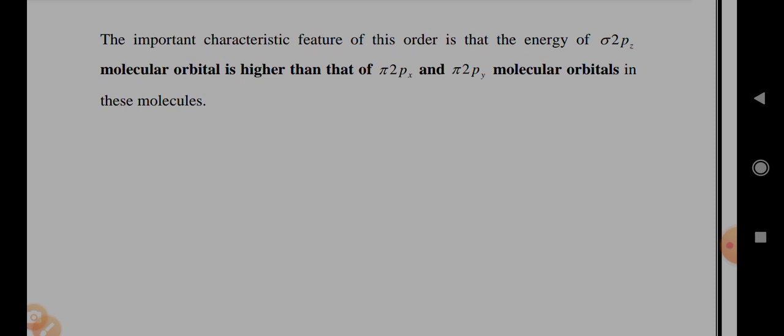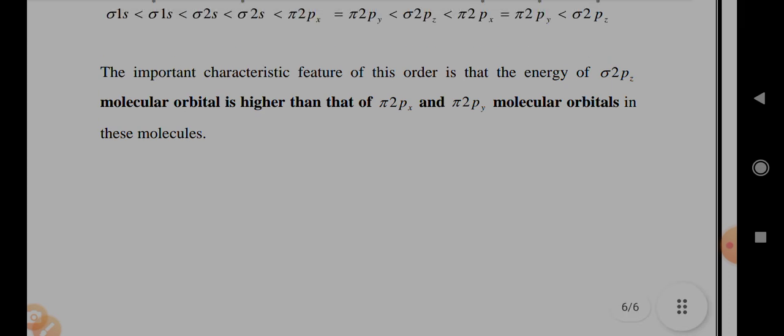Sigma 2pz molecular orbital is higher in energy than pi 2px and pi 2py molecular orbitals in these molecules.